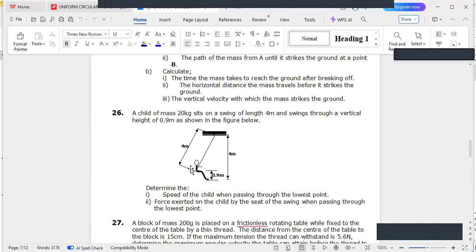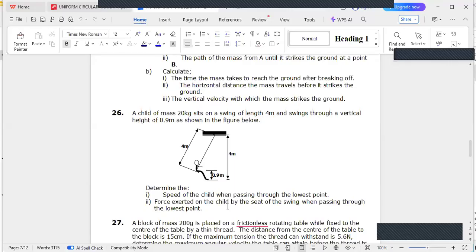So that will be 18 equals v squared. Therefore, v is the root of 18. So velocity is the square root of 18, which is 4.243 meters per second.